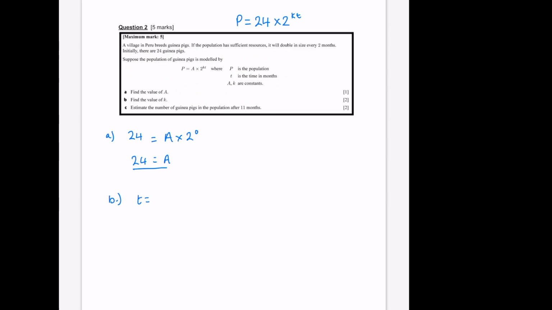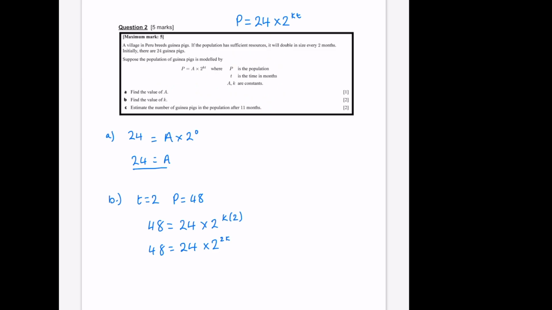So t is equal to 2, p is equal to 48. So 48 is equal to 24, now that I know that's 24, times 2 to the power of k times 2. So 48 equals 24 times 2 to the power of 2k.